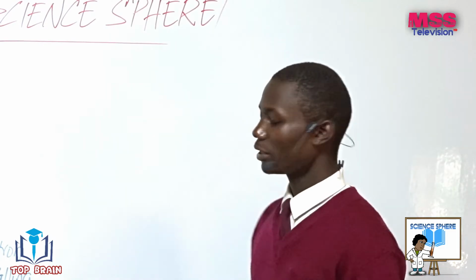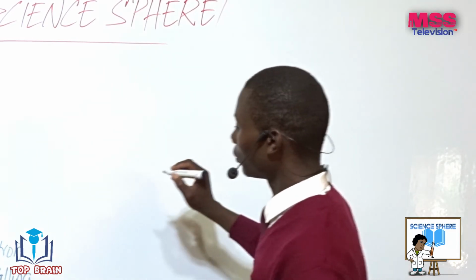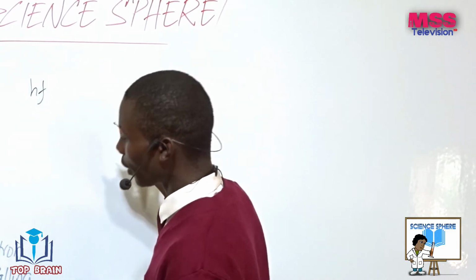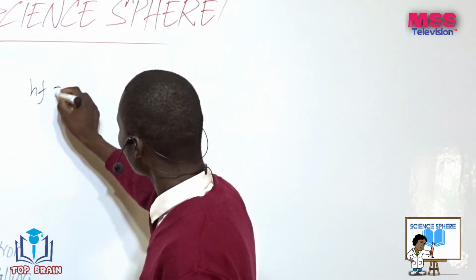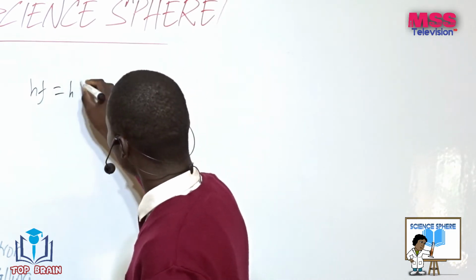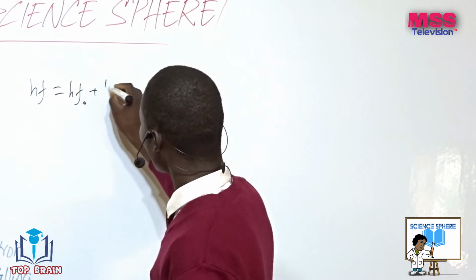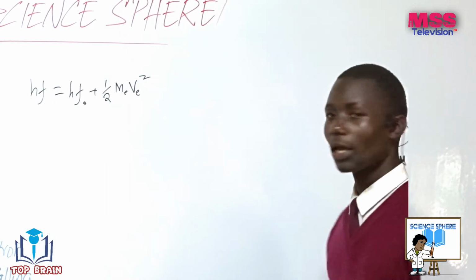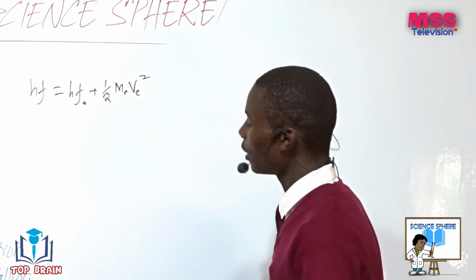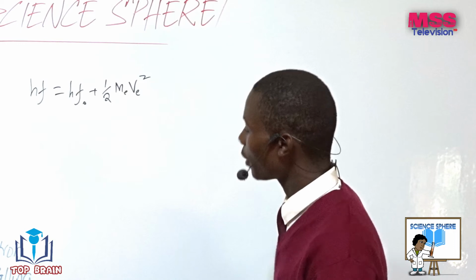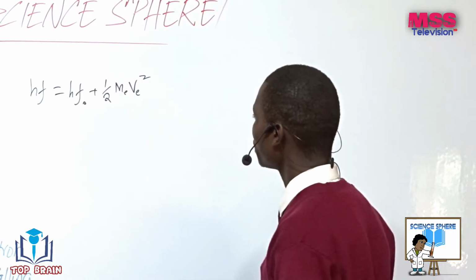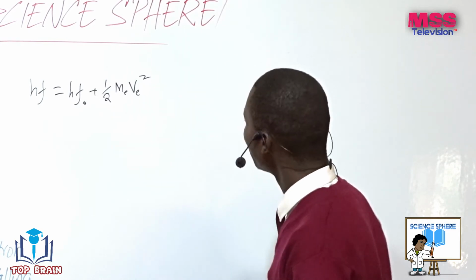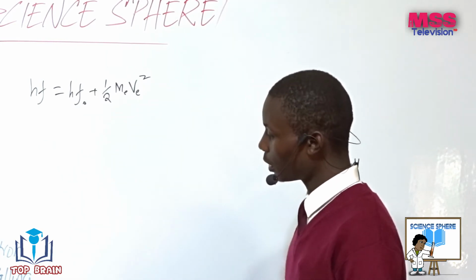Now here we are going to use Einstein's equation, which states that hf, the energy of the incident radiation, equals hf naught plus a half m e v squared, where h is the Planck's constant, f is the frequency of the incident radiation, f naught is the threshold frequency, m e is the mass of electron, and v is the maximum velocity of the electron emitted.